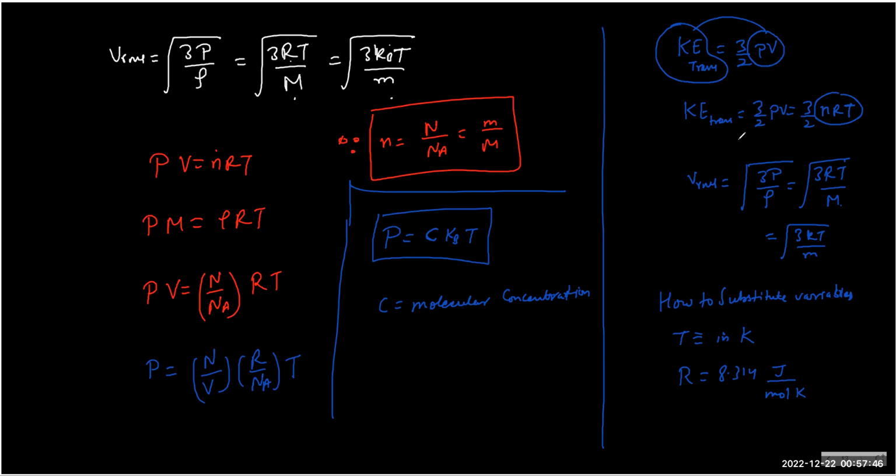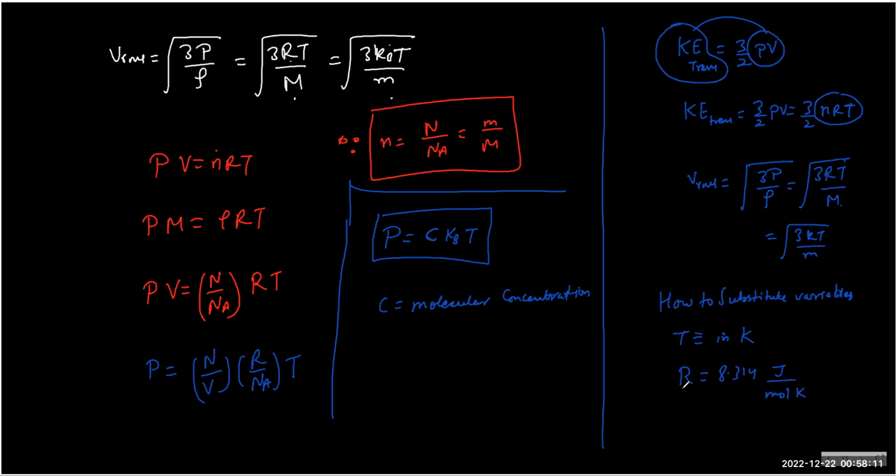So when you multiply nRT, RT must be energy, right? Because n is dimensionless, isn't it? No, my bad, n has a separate dimension, the mole. Anyway, you can see from here, the unit is joule per mole Kelvin.